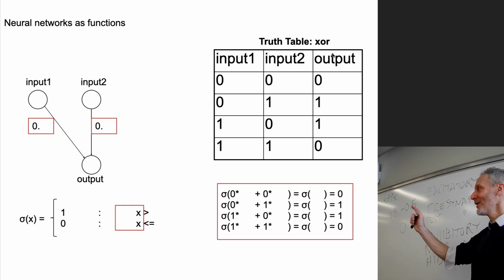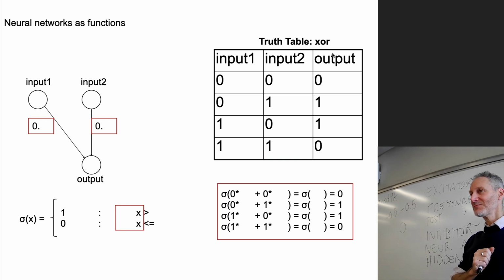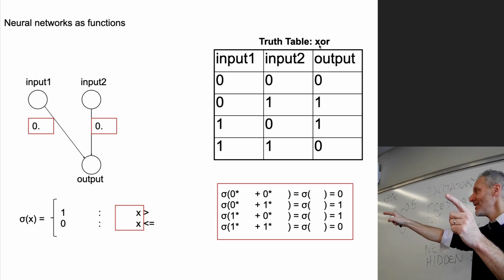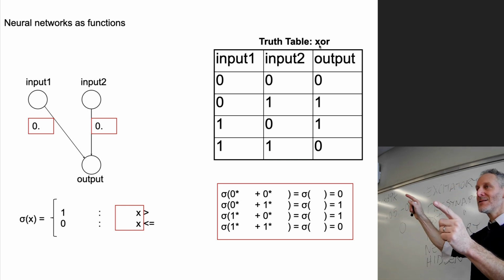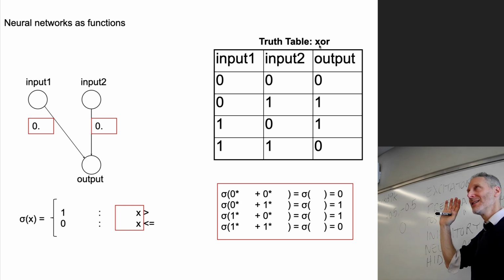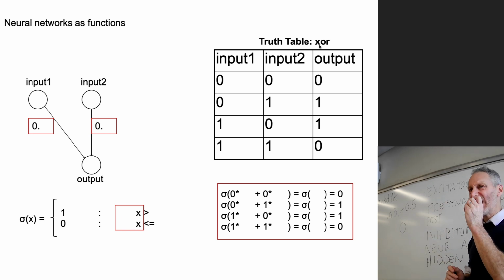OR and not AND. I wonder why we just looked at OR and AND. You can compute exclusive OR by combining OR and then negating the AND. OR combined with not AND. You can write it out on paper and figure it out.